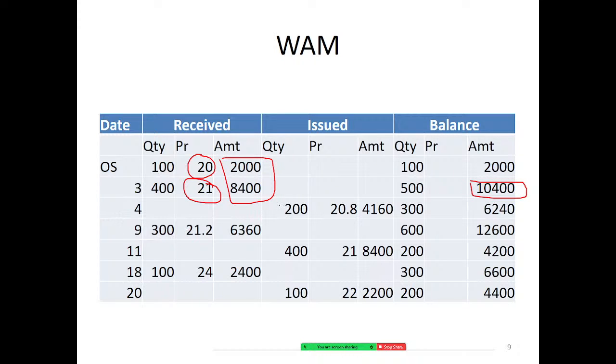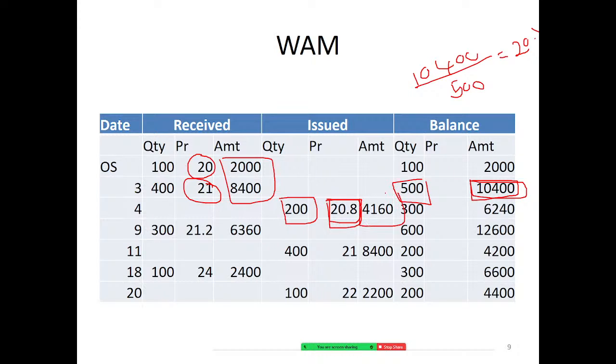And the issue is 200 units. So how to make the pricing? Simply, we have to take this value, 10,400. How many items here? 500 units. So 10,400 divided by 500 units equals 20.8. That value will be taken as the supply price.